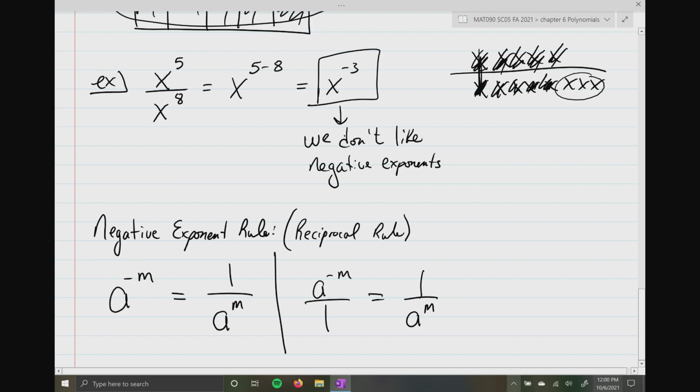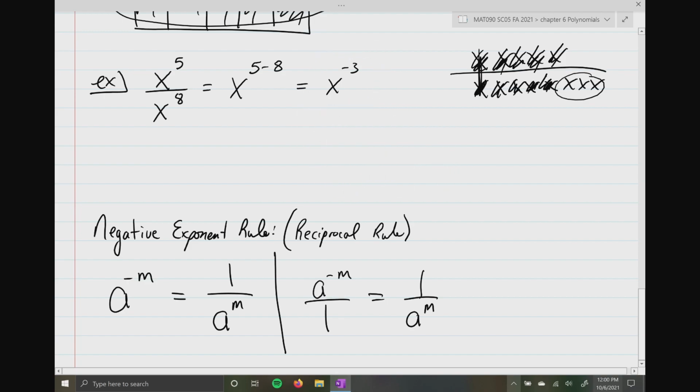And look what's left over. 3 x's, but where are they? Are they in the numerator or denominator? Denominator. Good. So if I were to take my result, x to the negative 3, and apply my negative exponent rule, what I would have to do is rewrite it as 1 over x to the 3rd, which is exactly what that picture is showing us right there. Does that make sense, everyone?